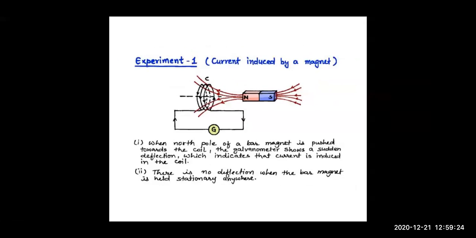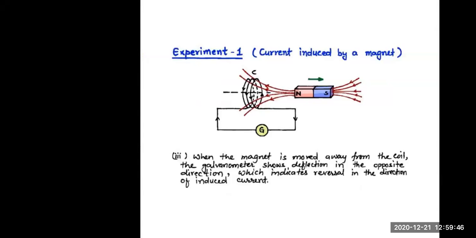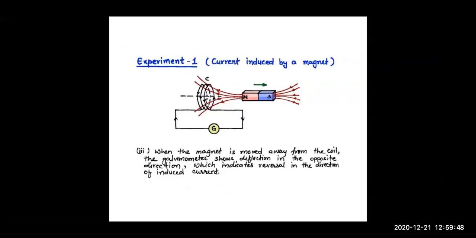Next, when we had brought the north pole of the bar magnet towards the coil and then made it stationary, when we stopped its motion, there was no more deflection in the galvanometer. The deflection came to 0, indicating that there is no production of current.